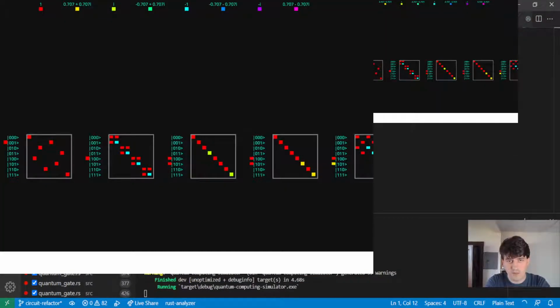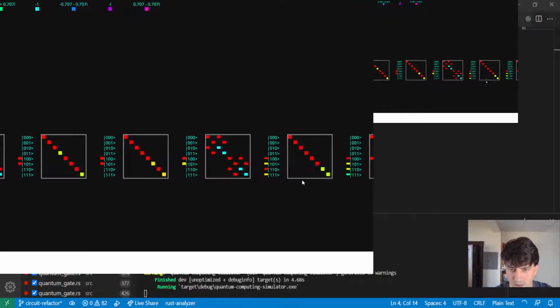So it's permutation, Hadamard on 0 and 1, rotation of 1/4, rotation of 1/8 of somewhat different gates, but we'll deal with that in a minute.